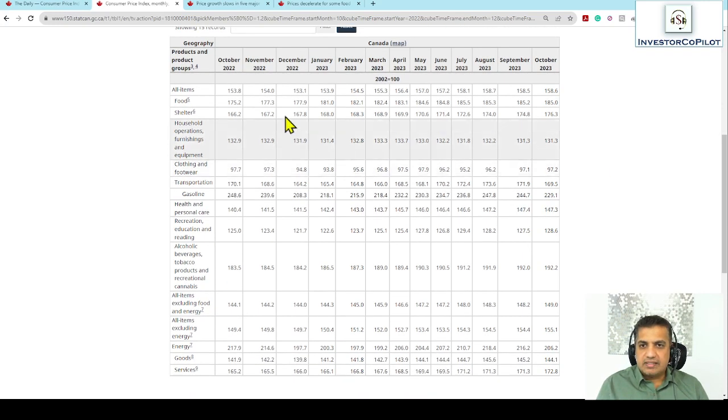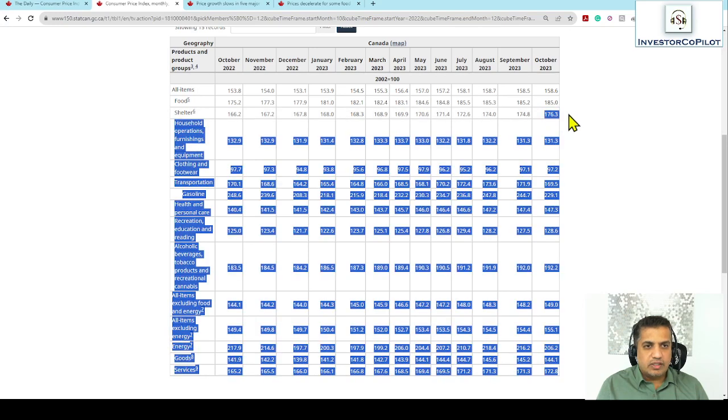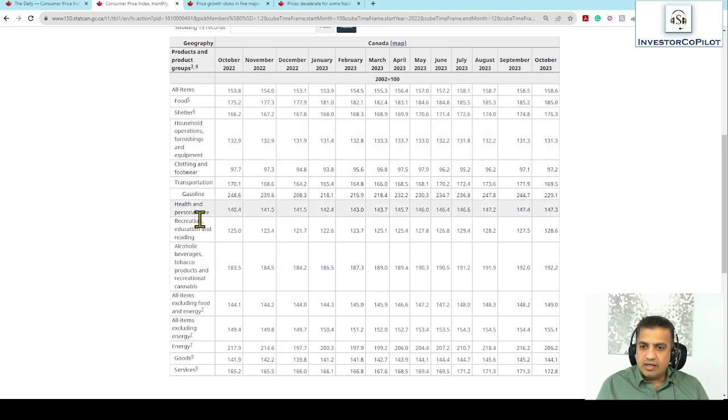So we can look at a lot of products and product groups, and this is a granular chart where the inflation in food is quite steep, as you can see, 175.2, and now it's 185, so almost 10 points up. Shelter, 166.2, and it's also more than 10 points up. We see a lot of inflationary figures. All items excluding food and energy have gone up 5% as well. Similarly, other items as well.